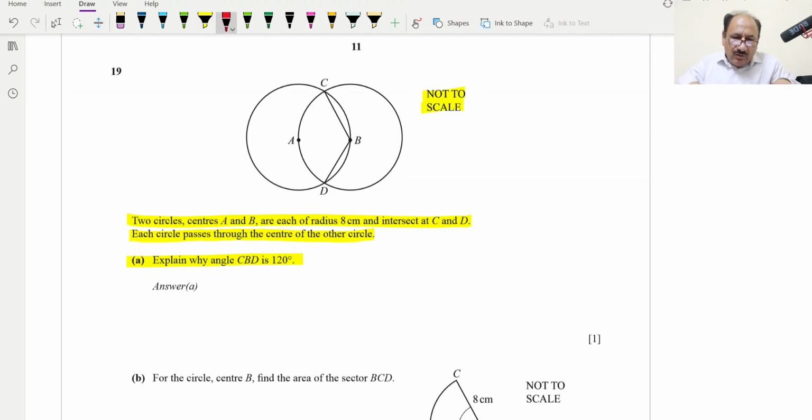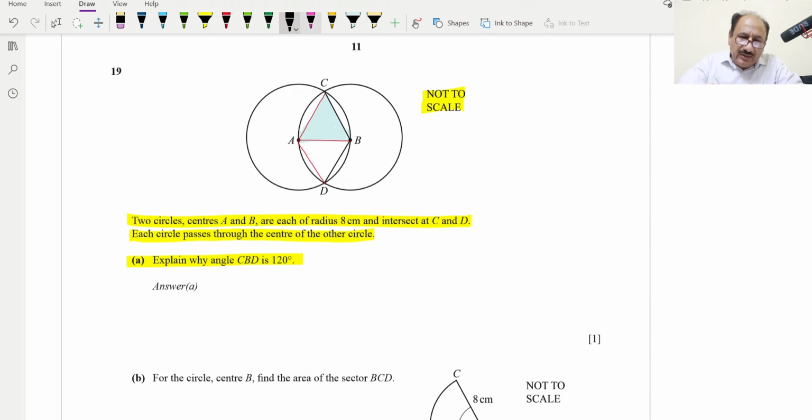Now if we draw the triangles, for example this radius is also 8 centimeter, and this is also a radius which is 8 centimeter, and we can split this into two triangles also. If we consider this triangle, this will be a triangle which is having all the angles as 60 degree.